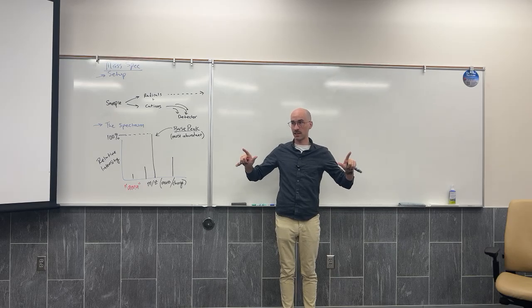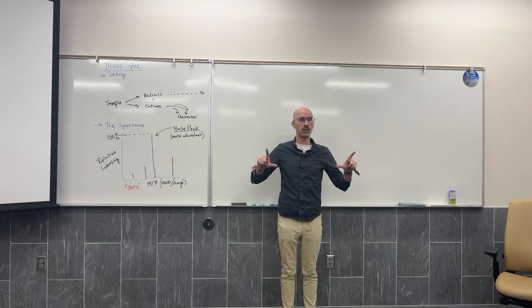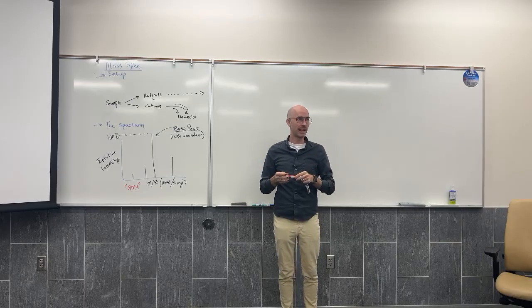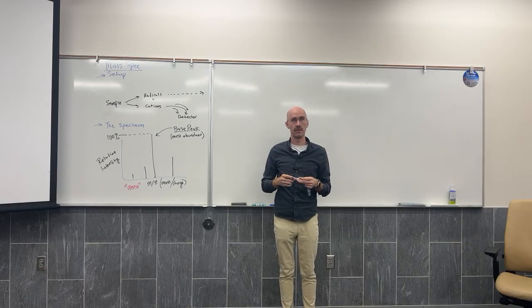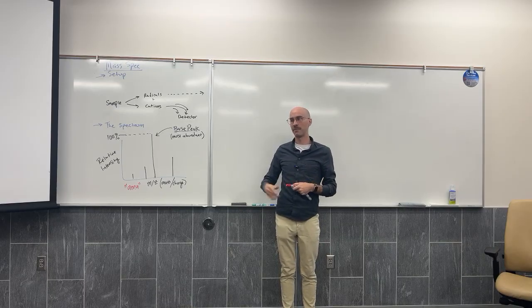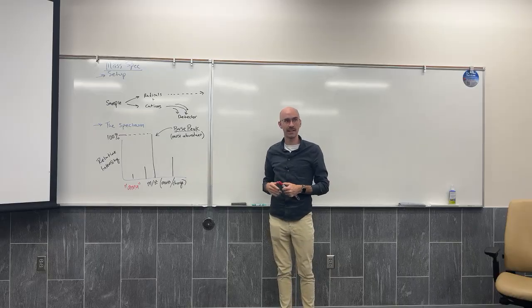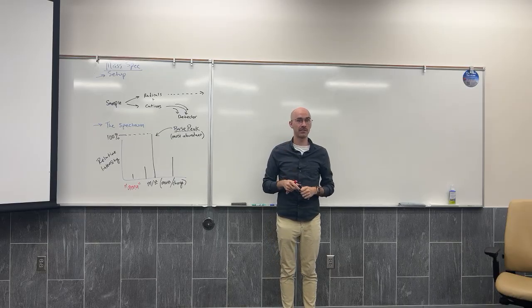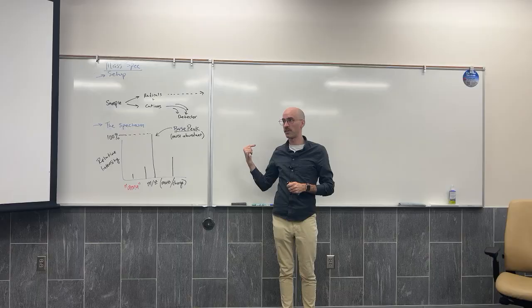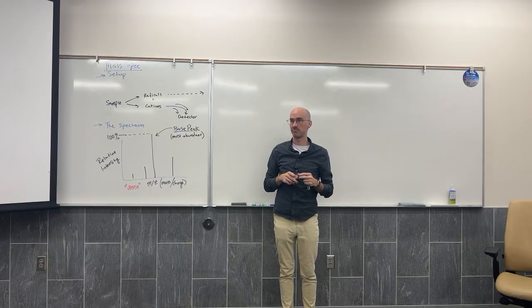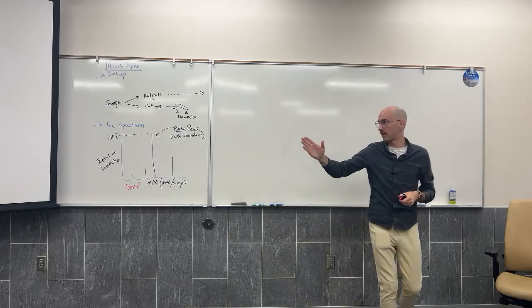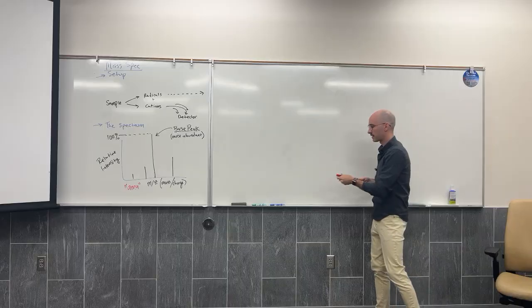It is strictly mass per charge. But because the charge is 99% of the time +1, whatever the number is on the x-axis is the atomic mass units of the fragment of the sample that hit the detector. So we get mass out of this, and we get a spectrum of mass.